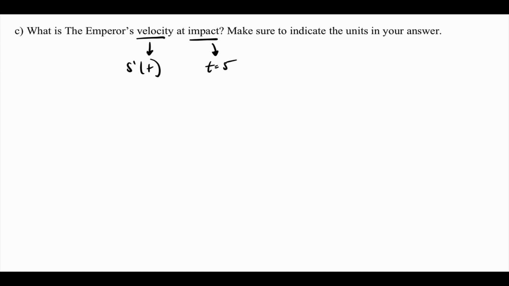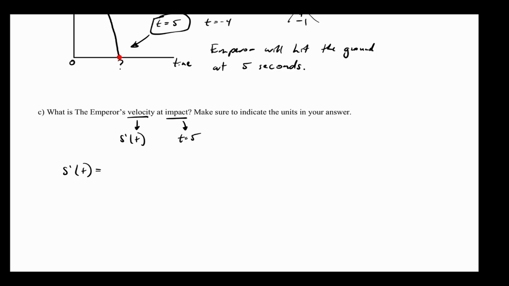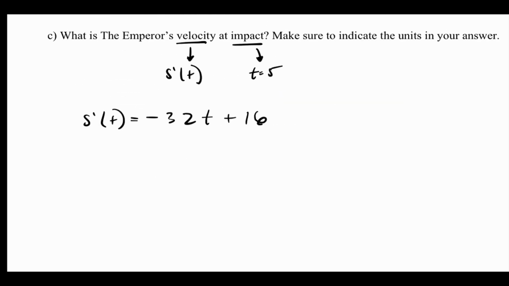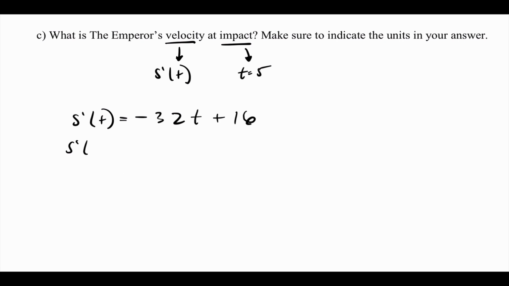Find s prime of t, plug in 5. So what is it? Negative 32t plus 16. Negative 160 plus 16. Negative 144.